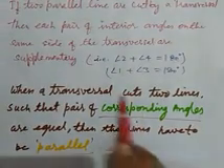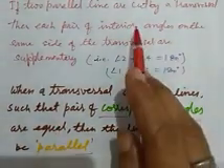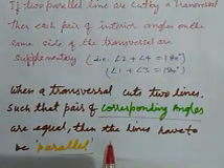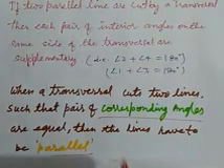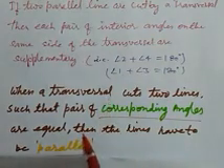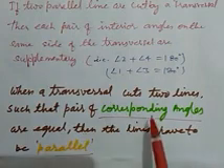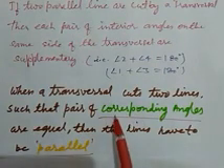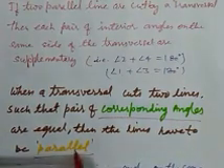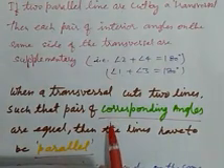This statement is the converse of the previously checked statement. Previously we checked that when two parallel lines are cut by a transversal, the corresponding angles are equal. Here the corresponding angles are equal, then the lines have to be parallel. So these two statements are converses of each other.